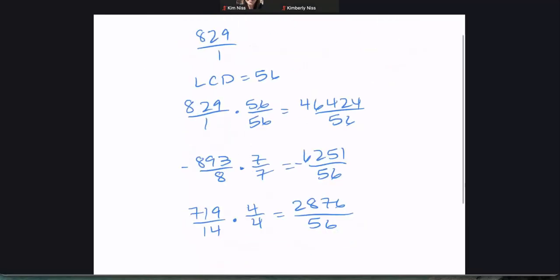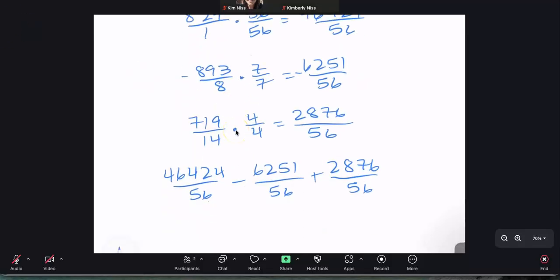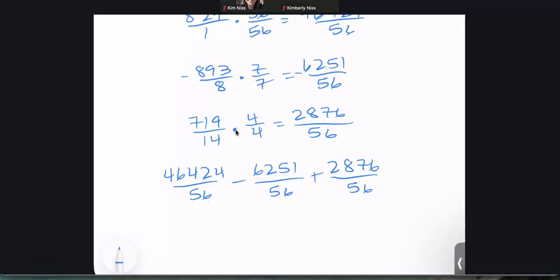Okay, so now we're going to combine our fractions. So we have 46,424 over 56 minus 6,251 over 56 plus 2,876 over 56. Now remember PEMDAS, where you have to follow the operations exactly.